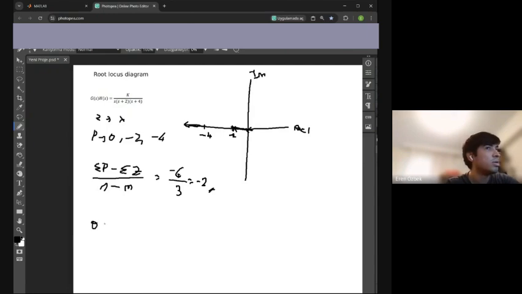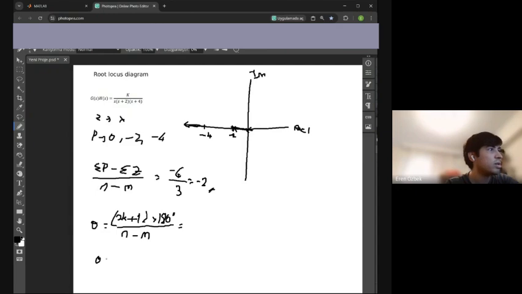We need to find the angles. Theta equals (2k plus 1) multiplied by 180 degrees over the number of poles minus the number of zeros.